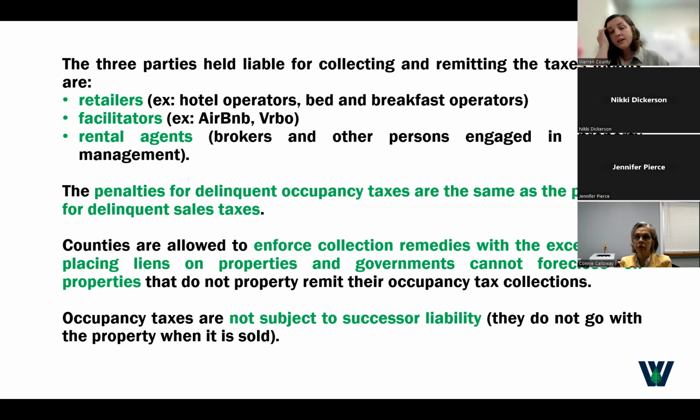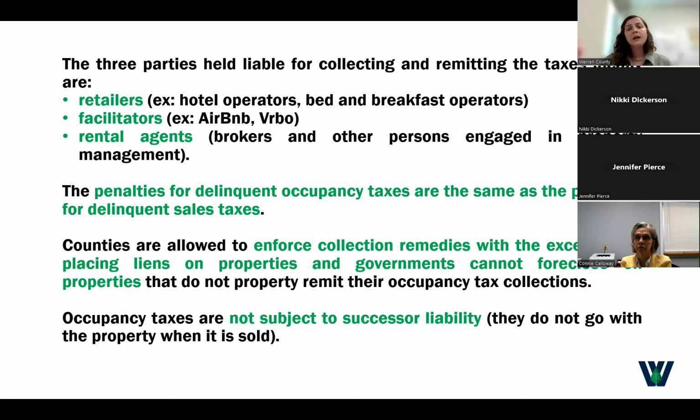We could, in theory, have penalties for delinquent occupancy taxes. The same things that are legal to do for delinquent sales taxes can apply to occupancy taxes according to state statute. And counties are allowed to enforce collection remedies for short-term rental operators that are not collecting the occupancy tax.